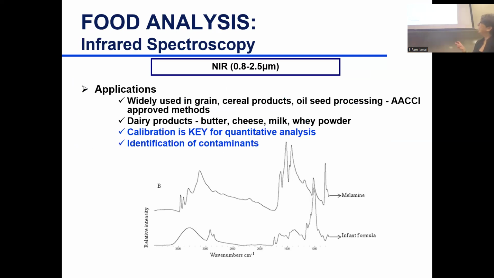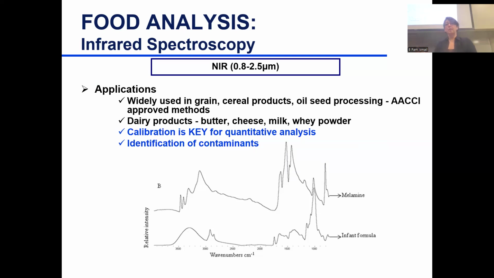And this is an example application for detection of an adulterant, which is melamine. This would be a pure melamine IR spectra, and then this is an infant food that also got adulterated by melamine. If we see some of these characteristic peaks here, for example in infant formula, then we say, okay, this is adulterated.